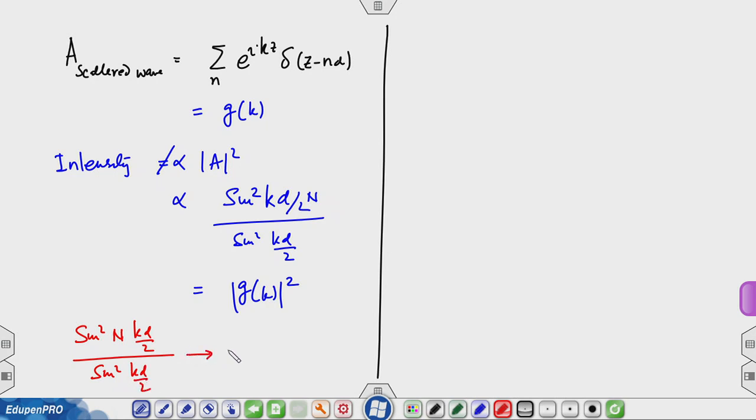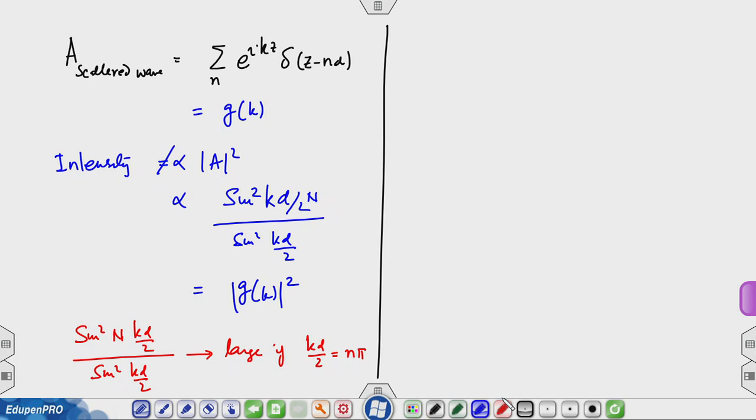Sin square n k d by 2 over sin square k d by 2 becomes large if k d by 2 equals n pi. How so? Because then you get 0 by 0, and I can then apply the L'Hopital rule to calculate this ratio.